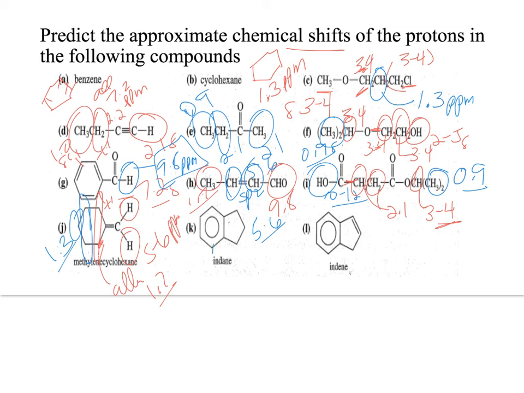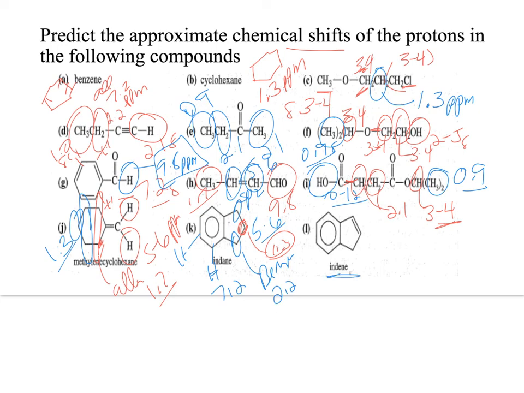Okay, indane, all these hydrogens coming off the aromatic ring are going to be about 7.2. These CH2s that are connected to the aromatic ring are called benzylic. And so benzylic are going to show up about 2.3. And then this CH2 is going to show up about 1.3.